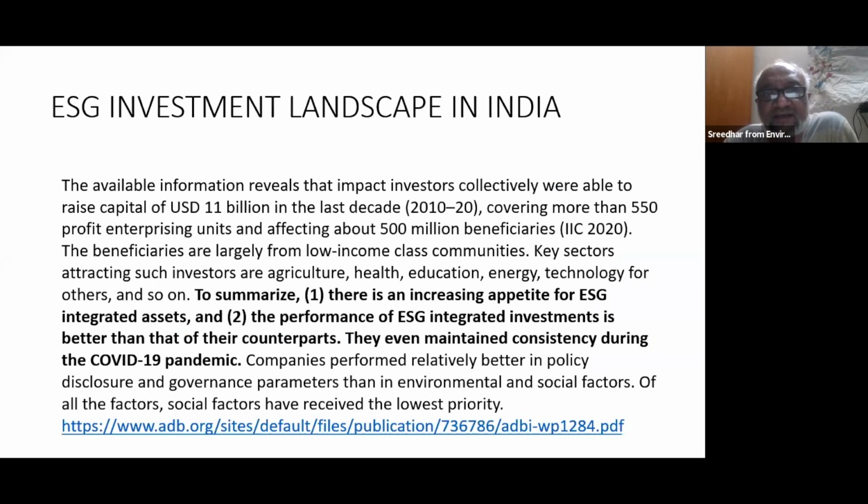And already, in the landscape, they say that there are going to be about 11 billion in the last decade, which could be classified as ESG investment. And there is an increasing appetite for ESG integrated assets. That's what the ADB itself is trying to push, and say that performance of ESG integrated investment is better than their counterpart, and they could even make profit during the pandemic. But the bottom line is the companies performed better in policy disclosures and on parameters of environmental and social factors.